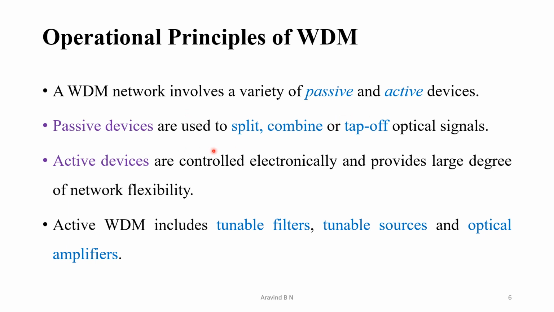The passive devices can be used to split, combine or tap off the optical signals. The active devices are controlled electronically and provide a large degree of network flexibility. So an active WDM network involves tunable filters, tunable sources and optical amplifiers.